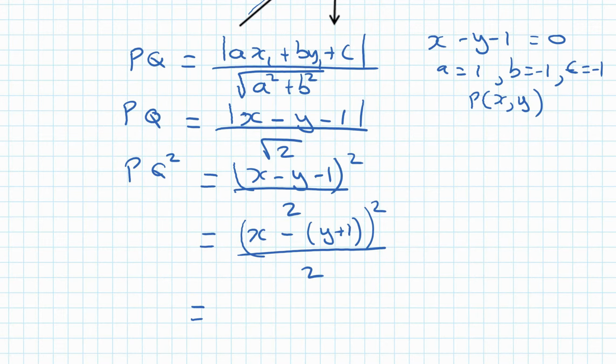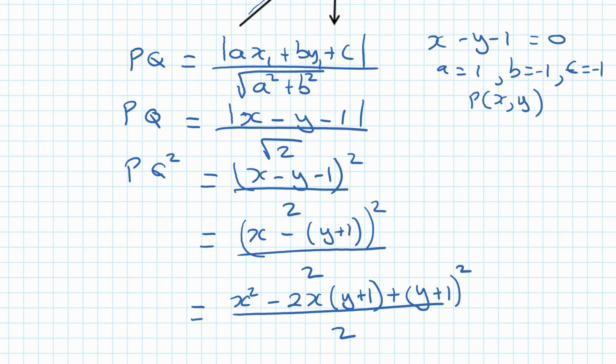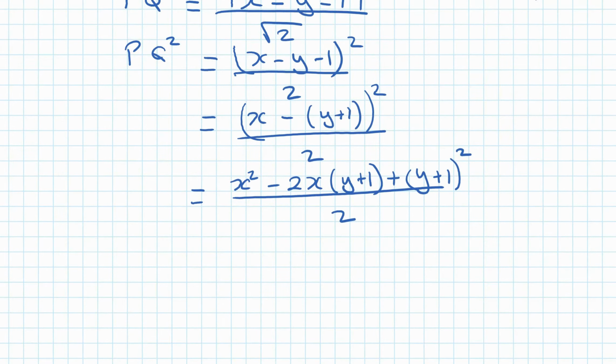Now I use perfect square to expand it out. So x squared, x times (x plus y plus 1), and you double, so they give you minus x(y plus 1), plus (y plus 1) all squared, all over 2. Then I just keep on going.